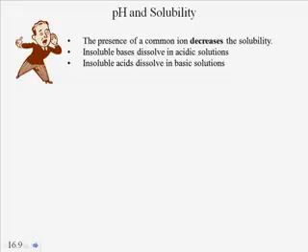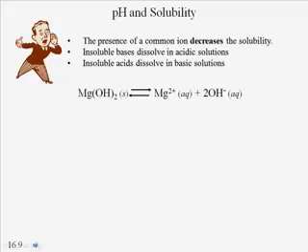Something will happen that is going to change the solubility. So let's take a look here and see what's going on. For example, here's magnesium hydroxide. Not especially soluble. It has a KSP of 1.2 times 10 to the minus 11.